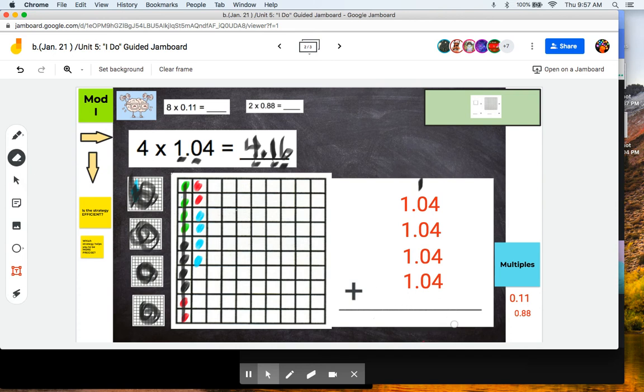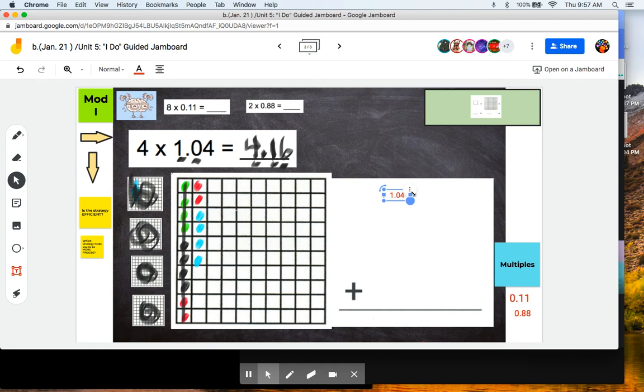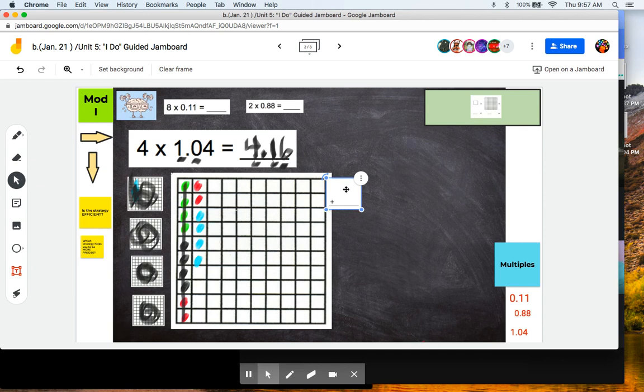Now, the key is understanding that we have 2 strategies. Each strategy helps with precision. I didn't want that. Delete. First strategy is to model our mathematics using base tens or hundredths.